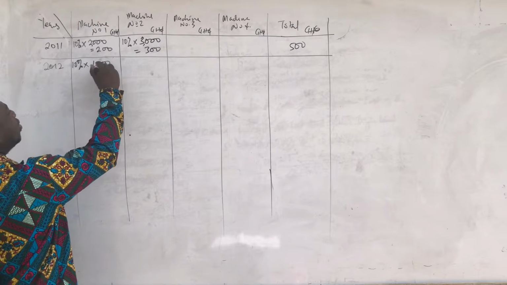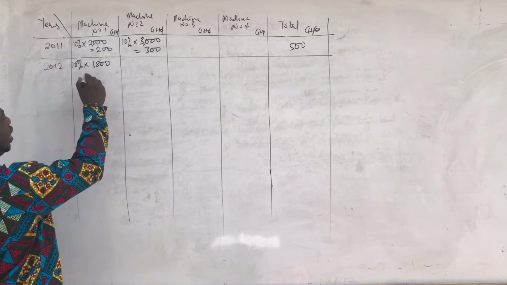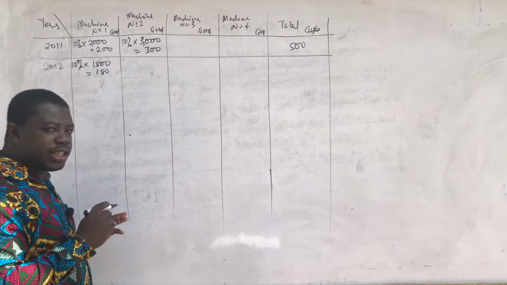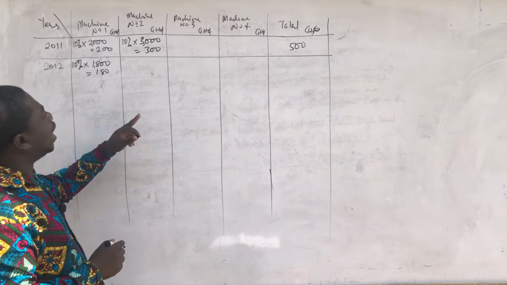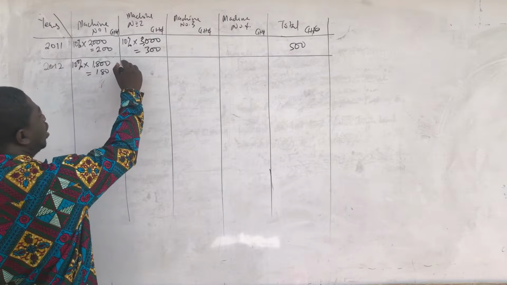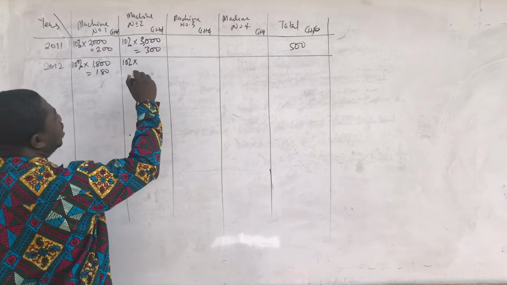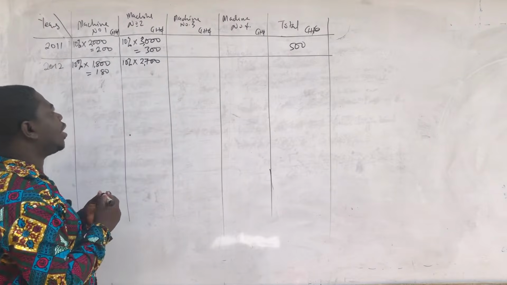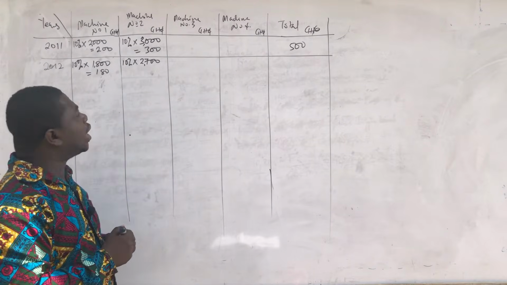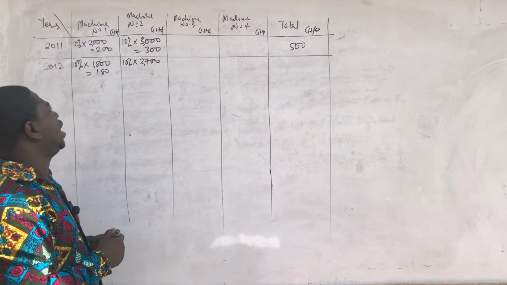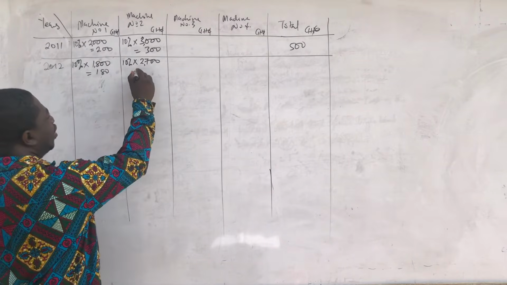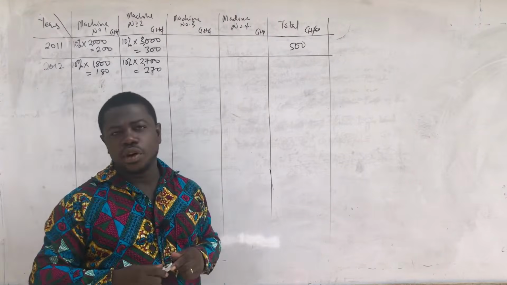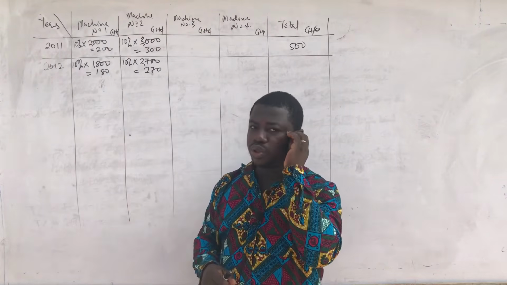So we multiply 10% by 1,800, and then we have 180 as the annual depreciation charge based on the reducing balance method. And then we come to machine number 2, the same procedure will be used, 10% on 2,700. 2,700 is 3,000 minus 300 cedis. And that is giving us 2,700. Therefore, our depreciation charge will be 270 for the second year for machine number 2.